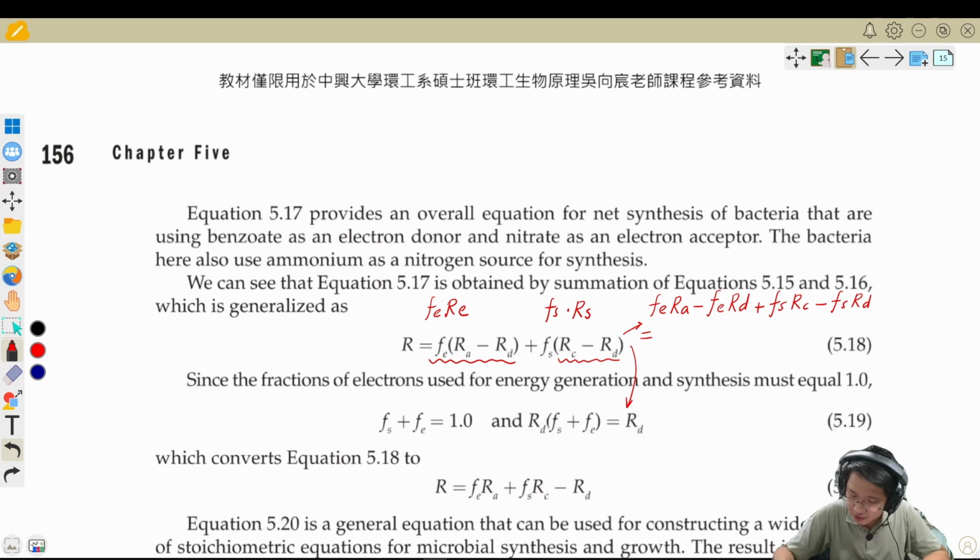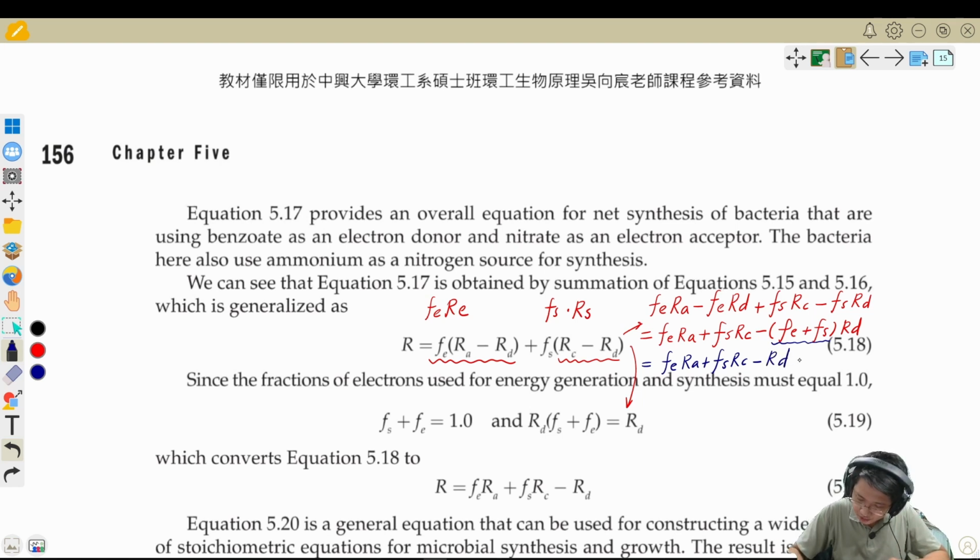So we can combine them together as the FeRa plus the FsRc minus the Fe plus Fs Rd. And as we know that the Fe plus Fs equals 1, this equation will become the FeRa plus FsRc minus Rd.